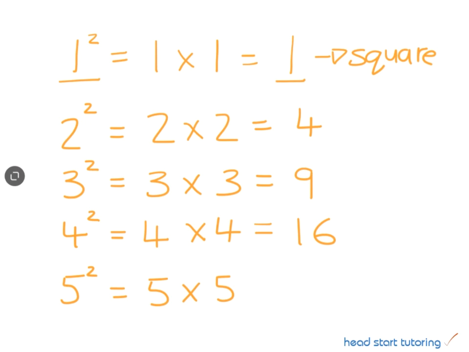And our fifth square number is 25, because 5 times 5 is 25. So if in a test the question is list the first 5 square numbers, your answer will be 1, 4, 9, 16, and 25.